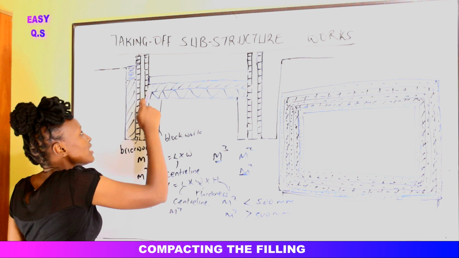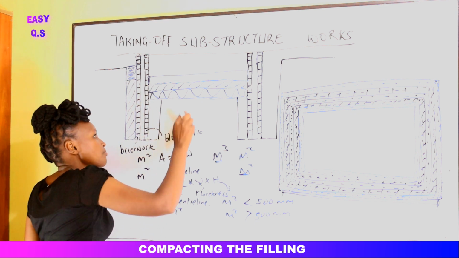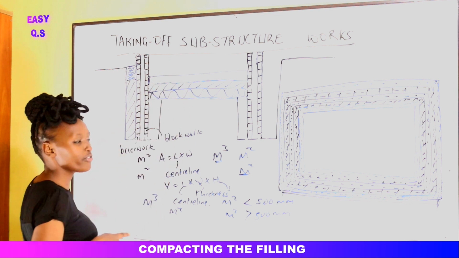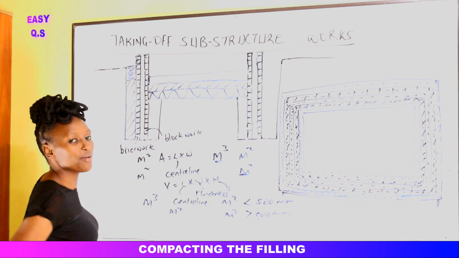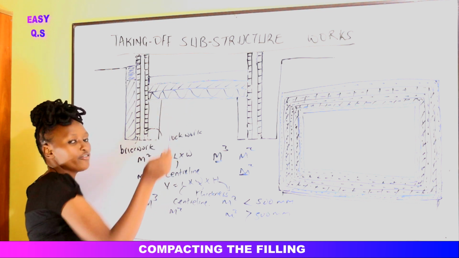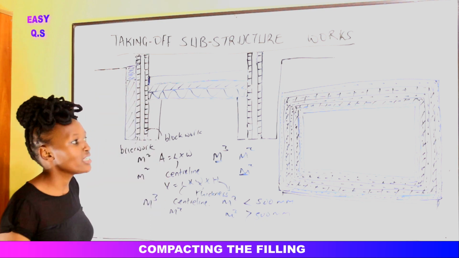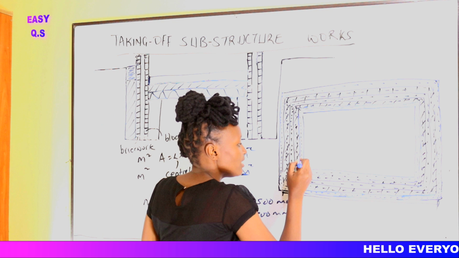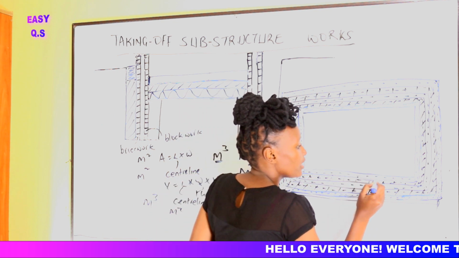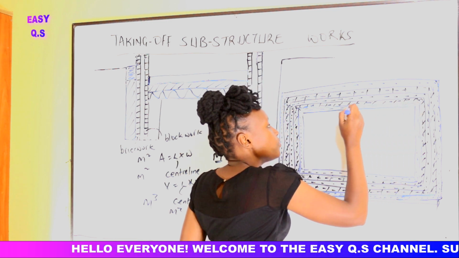We have already placed a damp proof membrane here to prevent any water rising from the ground to reach the concrete floor. But then there is water coming from outside the building, so that it doesn't come to the floor, we place a DPM on the sides. So all around here we shall have the DPM, all around the internal dimensions of the wall.